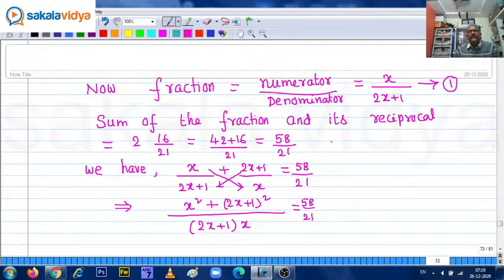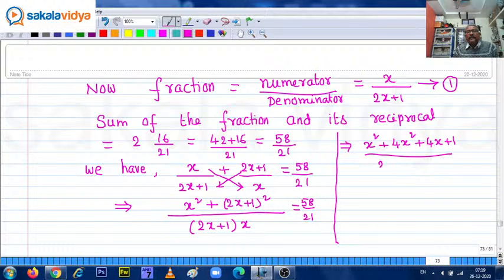So we need to simplify this one. Let us simplify it. x square plus 2x plus 1 whole square is 4x square. Am I correct? 2ab, 2 into 2x into 1, 4x, plus 1 square is plus 1, upon 2x into 2x plus 1, 2x square plus x, equal to 58 upon 21.